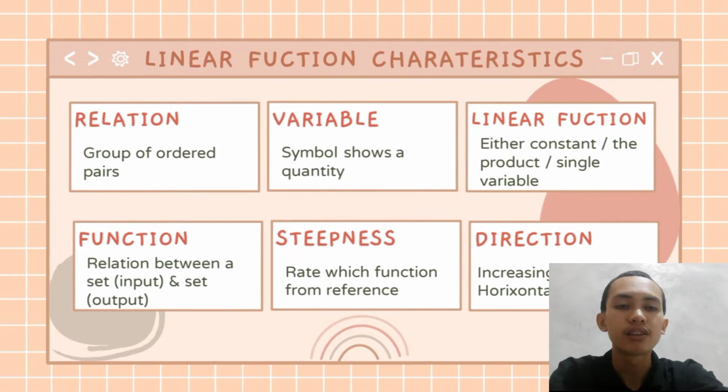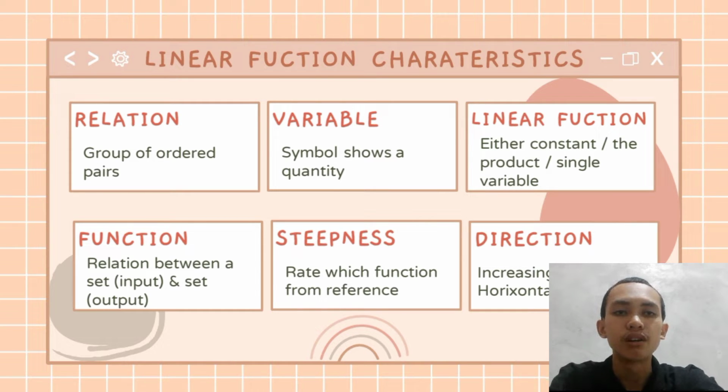Linear function characteristics. Let's move on to see how we can use function notation to graph two points on the coordinates. A variable is a symbol that shows a quantity in a math expression. A linear function, if its term is either a constant or the product of a constant and the first power of a single variable, is called an algebraic equation.